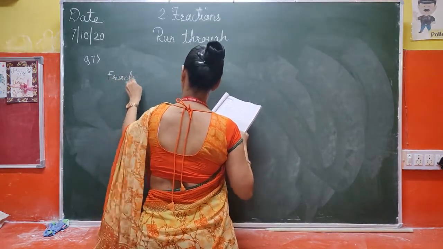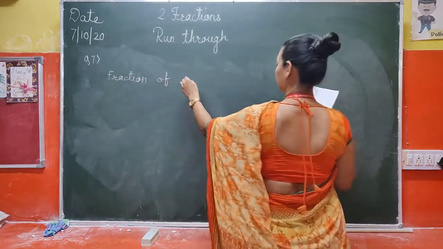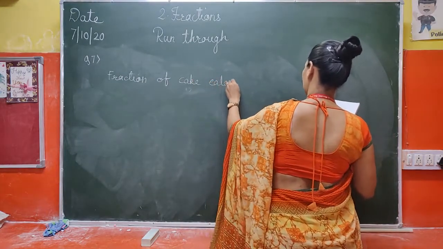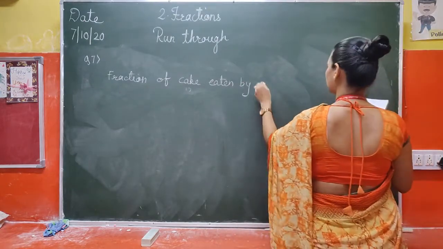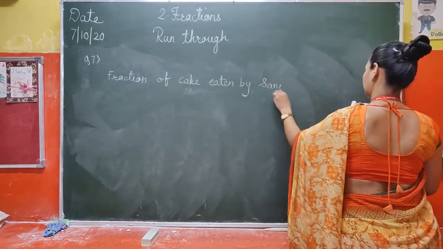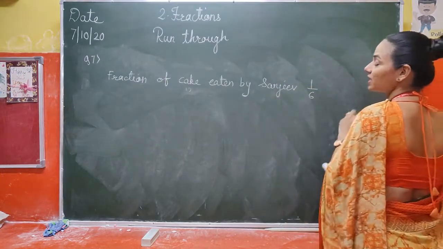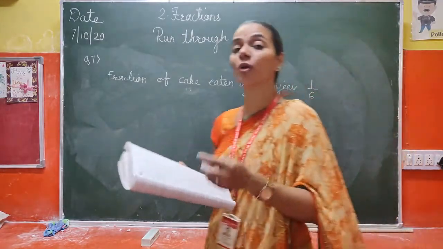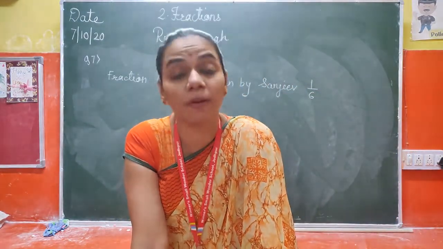Fraction of cake eaten by Sanjeev, 1/6. Okay, now this is the cake he has eaten. Now tell me what will be the cake remaining. He gave 1/5 of the remainder to his friend.